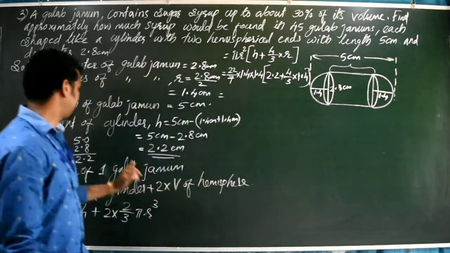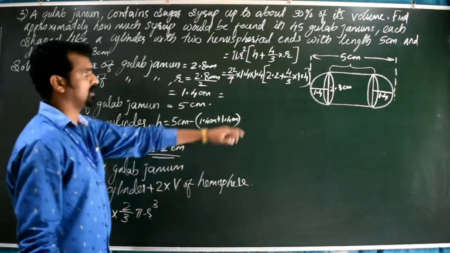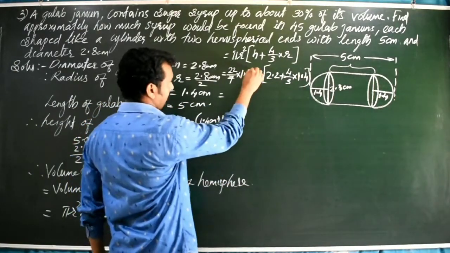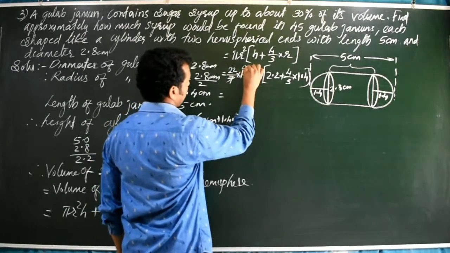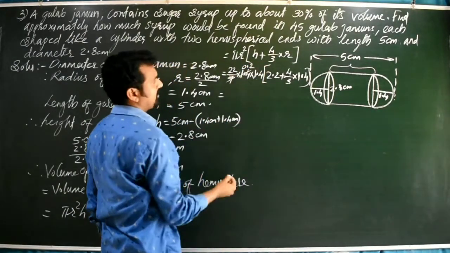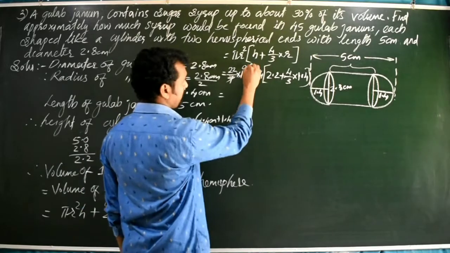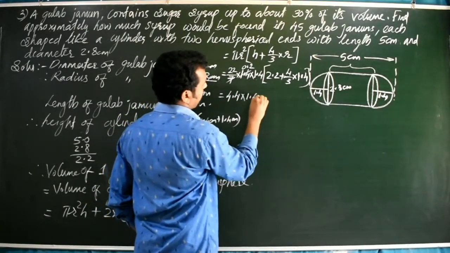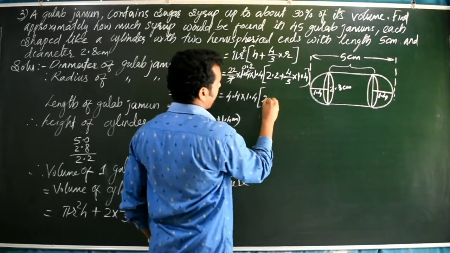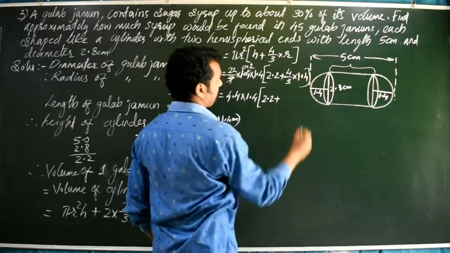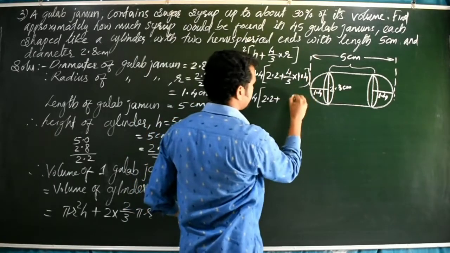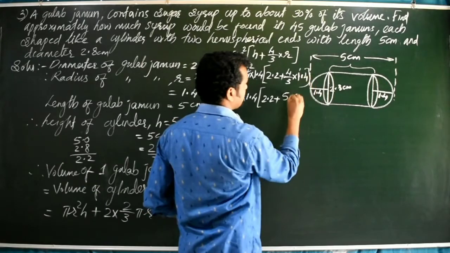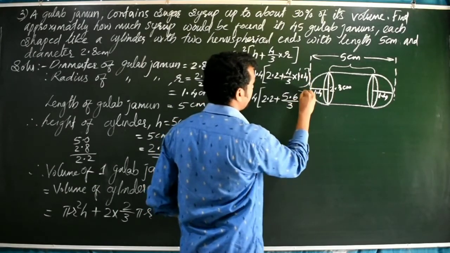Height of the cylinder we got is 2.2 centimeter plus 4 by 3 into radius 1.4. 1.4 divided by 7 we can cancel, that is 0.2. 7 2s are 14. 22 into 2, 44. 1 decimal point is there, so it will come 4.4 into 1.4 into 2.2 plus 4 into 1.4. 4 4s are 16, 6, remainder 1. 4 1s are 4 plus 1, 5. 1 decimal point is there, 5.6 divided by 3.